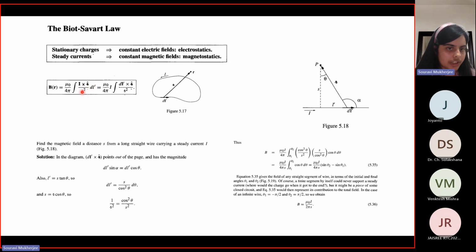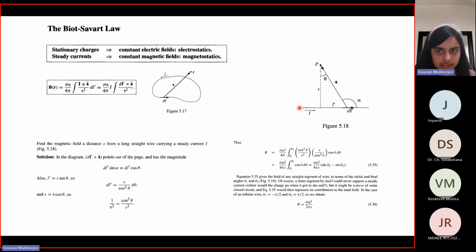Now if you use this for an infinite wire, you take a line element along the wire, and R is the distance from this line element. If you use Biot-Savart's law, you'll see that it takes a very simplified form, where theta is the angle that this line element subtends at the field point.